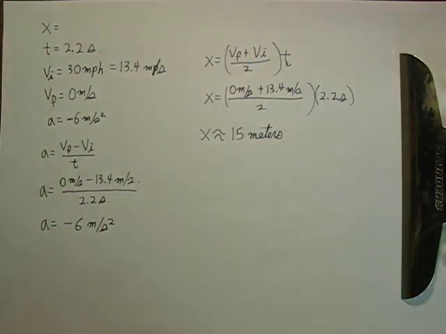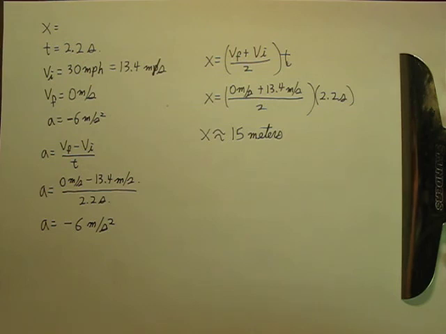Okay, so what that means is I'm cruising down a dirt road in Vermont. I am going 30 miles per hour, which is 13.4 meters per second, because the way I get there is I take 30 divided by 2.24. Now, suddenly I see a moose. So, I slam on the brakes as hard as I can. It's going to take me about 2.2 seconds to stop, and it's going to take me about 15 meters to stop.